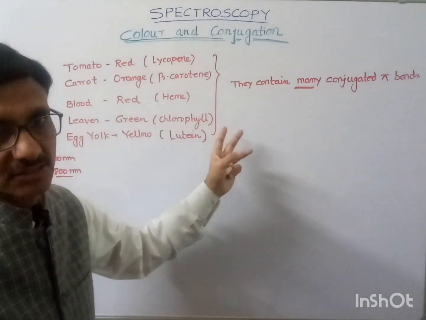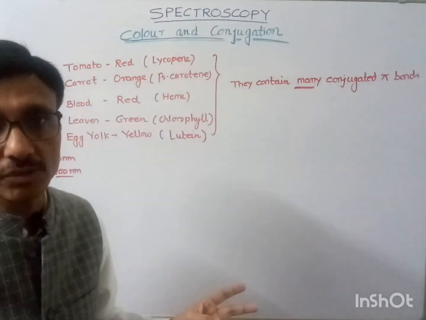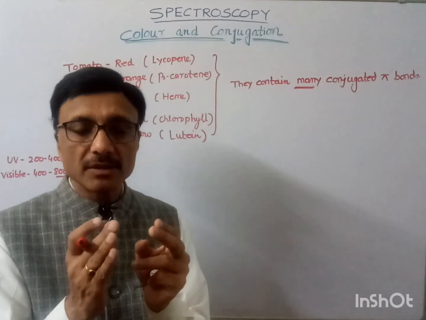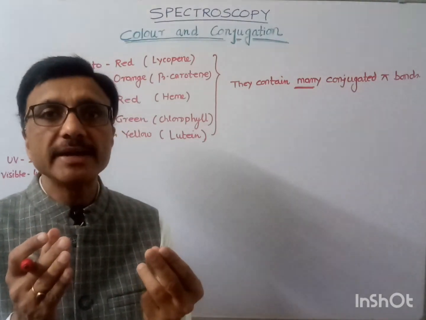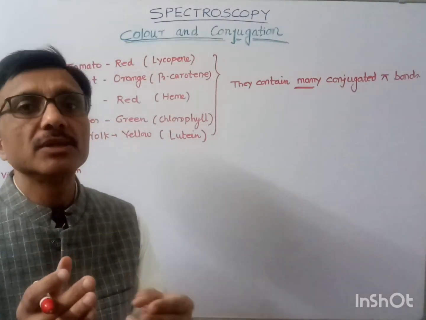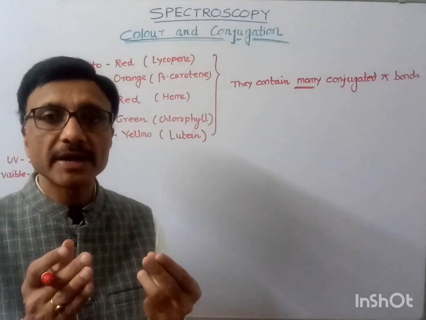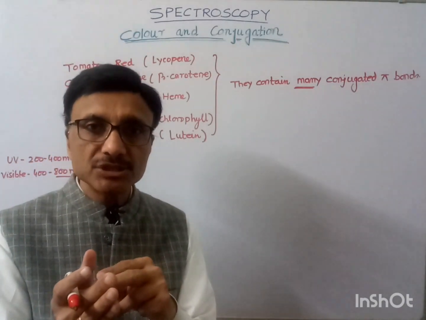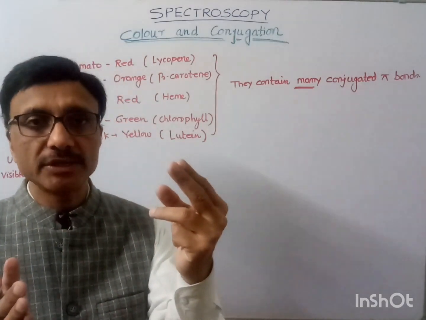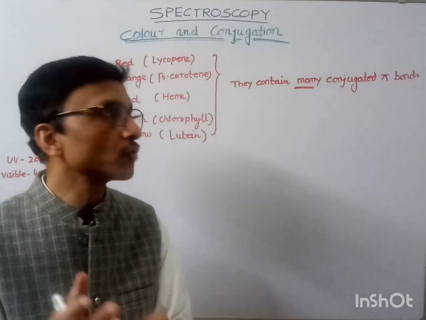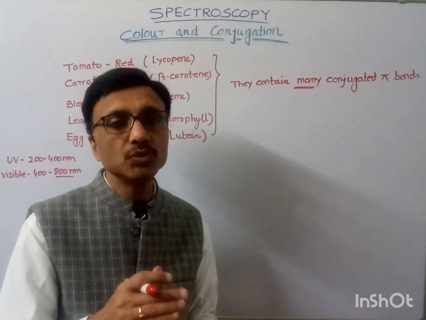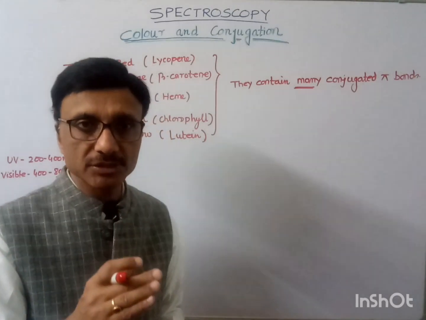So in these molecules, when UV visible light is absorbed, the electron goes from a lower energy state to a higher energy state, or from the ground electronic state to the excited electronic state.